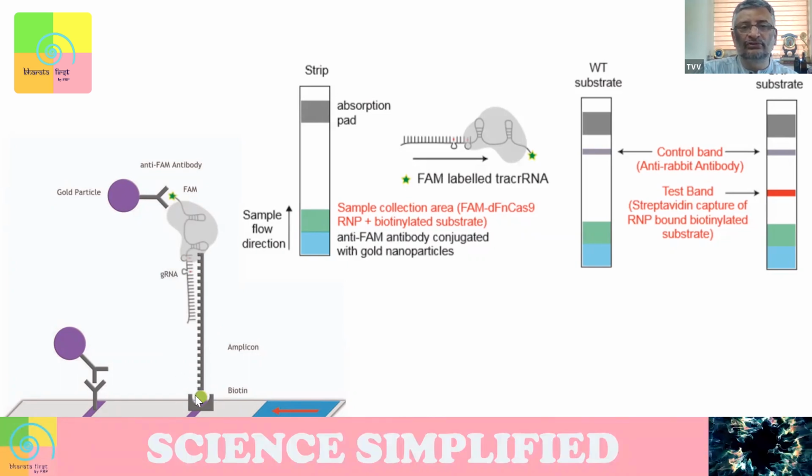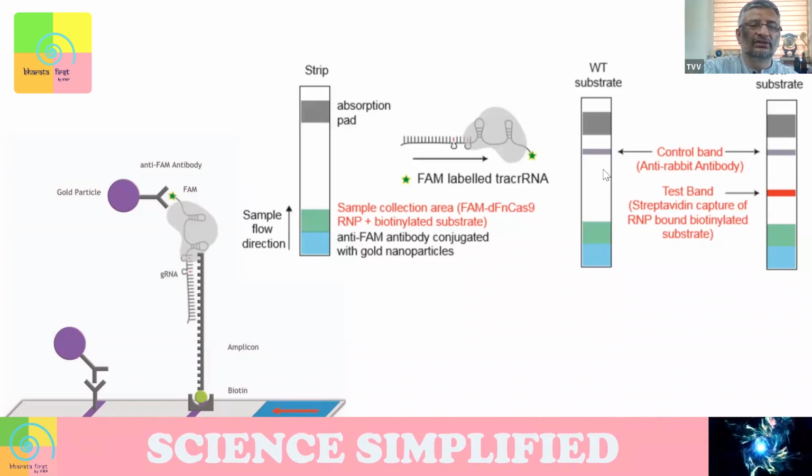So if it attaches to the test band, then the antibody will attach to a gold particle, which will go and attach itself to the control band. So if there is virus in the sample, then both the test band and the control band will glow. So then you will know whether there is virus or not.